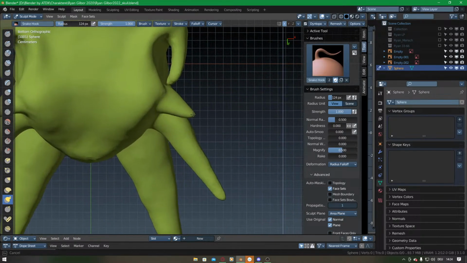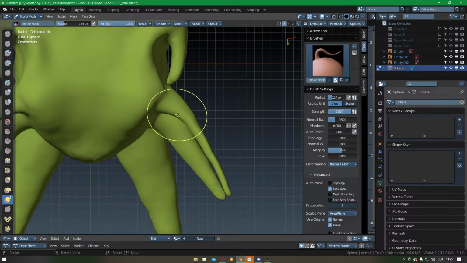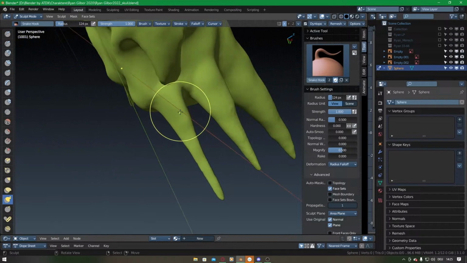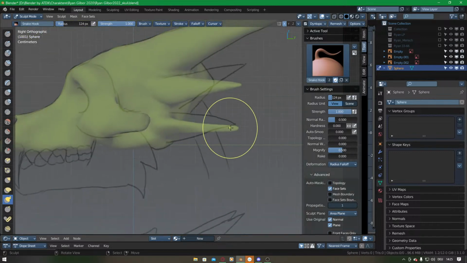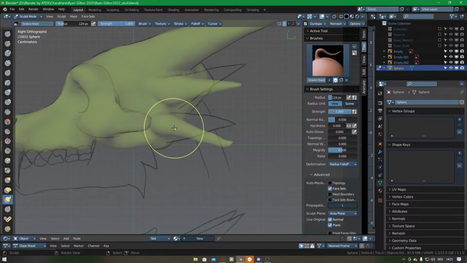I see. It's more like this. All right, let's get it down diagonally, like so. Now pump it up. Nope.